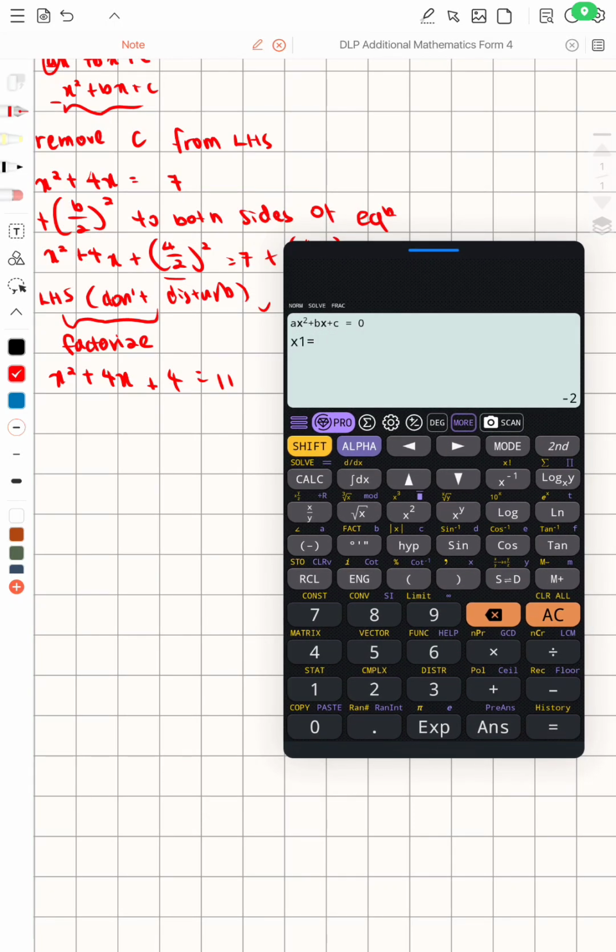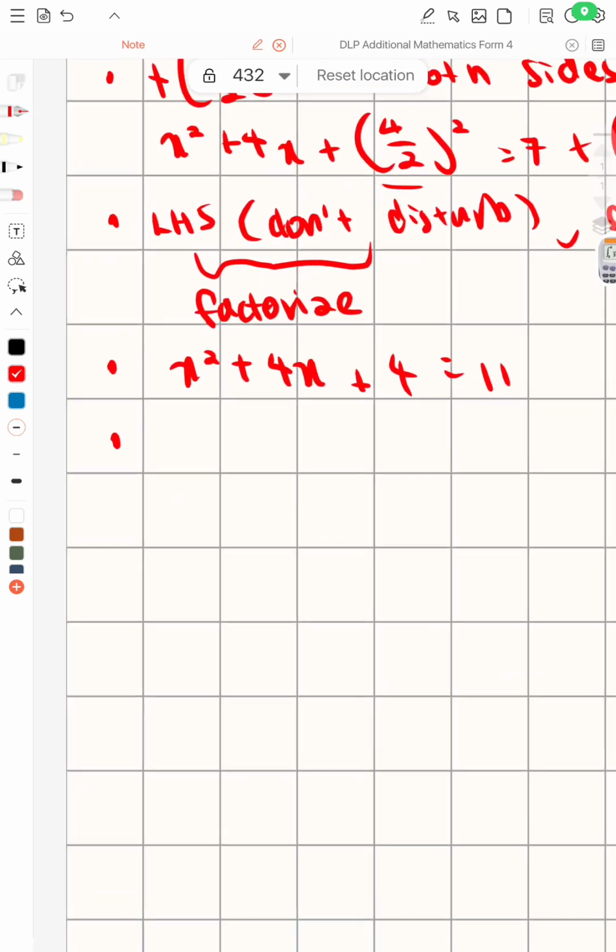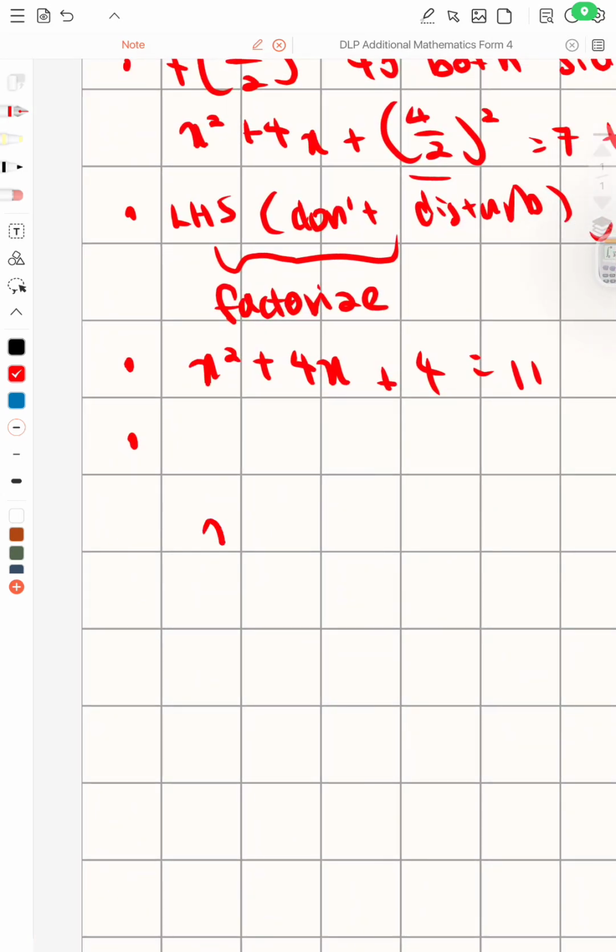So your value of x would be negative 2. So what you do next is you put the value into bracket, but you just leave about 2 rows for the equation. So you write x equals to negative 2 at the bottom of the equation.